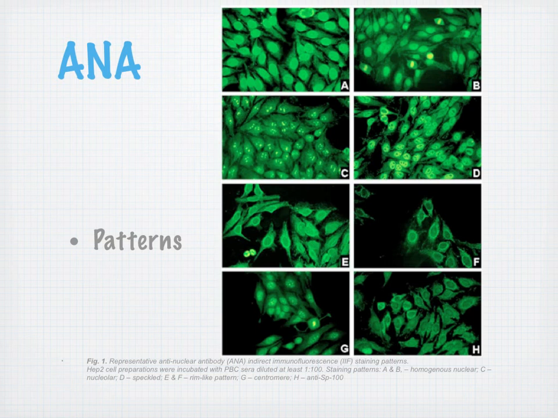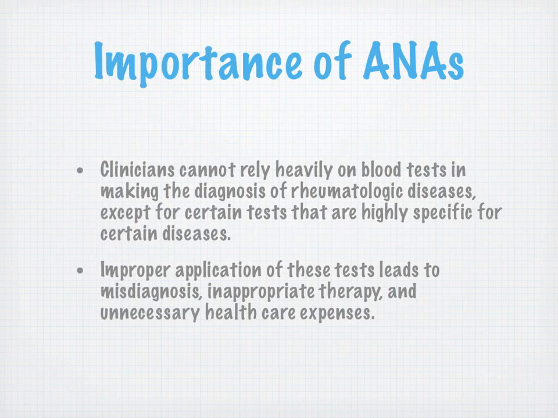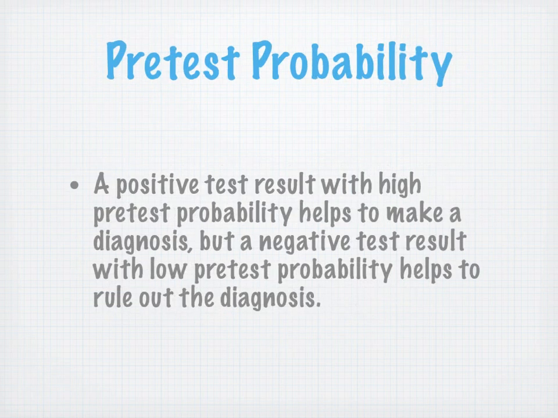The importance of ANAs: clinicians can't really rely heavily on blood tests when it comes to rheumatologic conditions, except for certain tests that are highly specific, such as in the case of systemic lupus. Improper application of ANA tests actually leads to misdiagnosis and inappropriate therapy and unnecessary healthcare expenses.